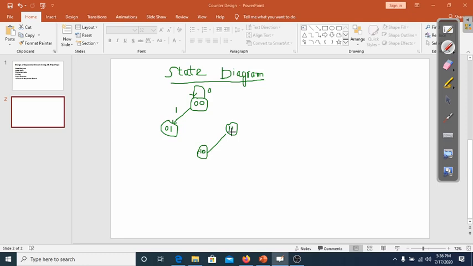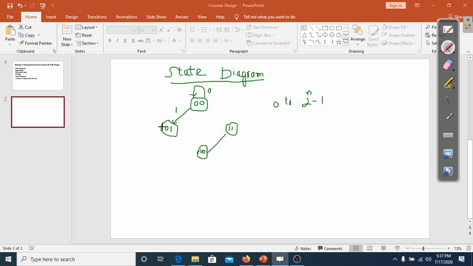If we have n bits, we use n flip-flops, and with n flip-flops, the number of states could be 2 raised to the power n. So here we have 4 states, therefore the required number of flip-flops is 2.